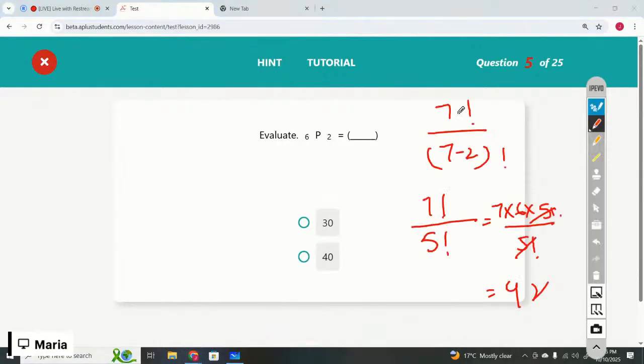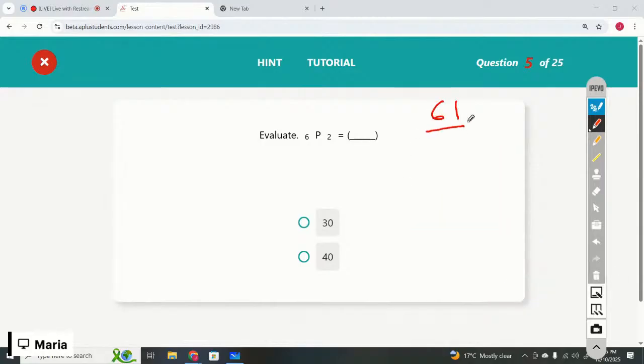6P2. 6 factorial divided by 4 factorial. 6 times 5 times 4 factorial divided by 4 factorial. 4 factorial and 4 factorial cancel out. 6 times 5 is 30.